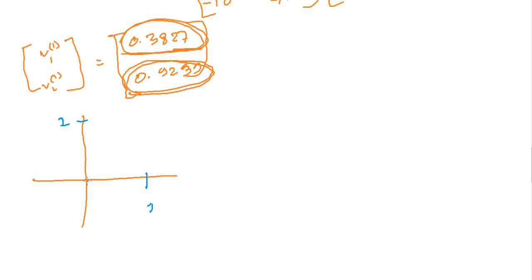Say for example here is x, and 0.9, yeah, 0.38, so 0.38 should be here, and 0.9 say here. So our corresponding vector is here, right? So this is our vector, which is v1 1 comma v2 1, right?